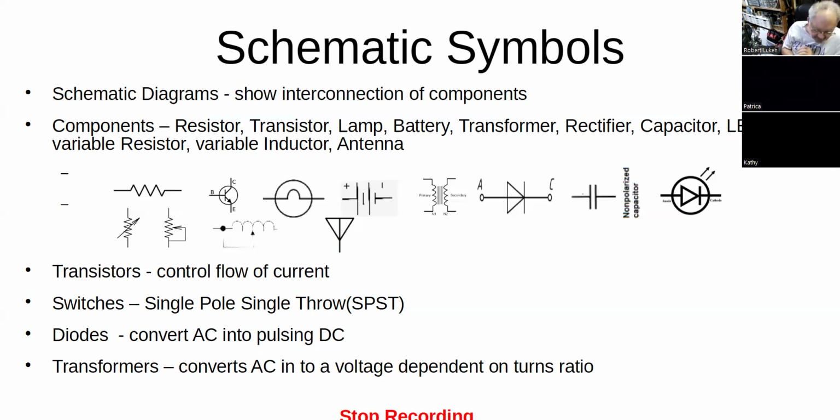Probably not. It's essentially a little transformer with a rectifier and maybe a filter capacitor, and possibly a Zener diode as a regulator. So they'll put out 5 volts, 9 volts, 12 volts.